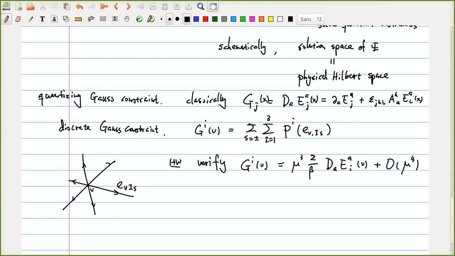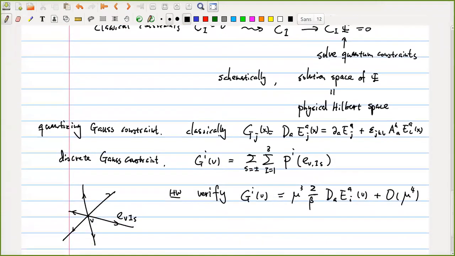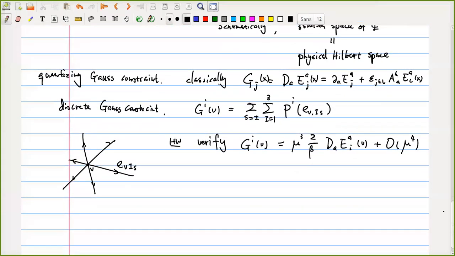The hint is similar to the one you had for the volume operator.